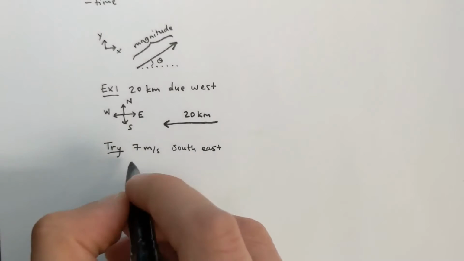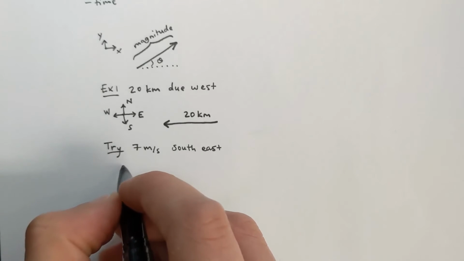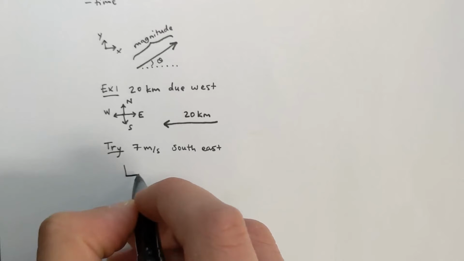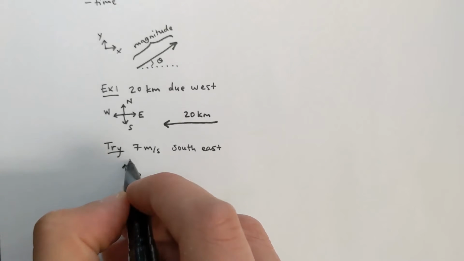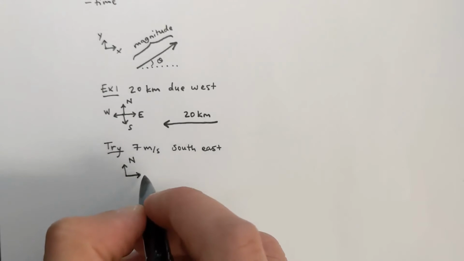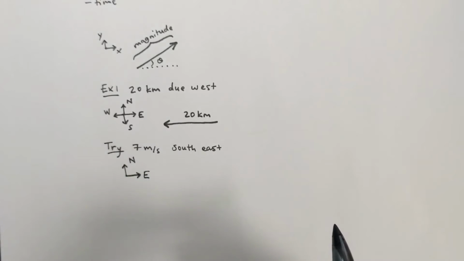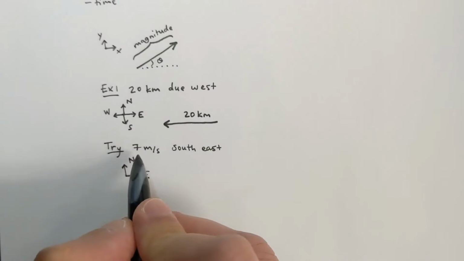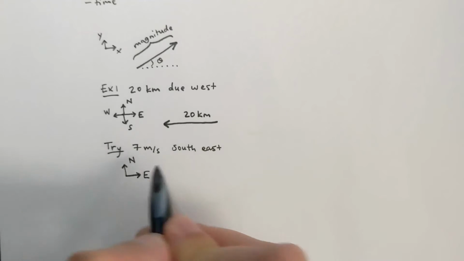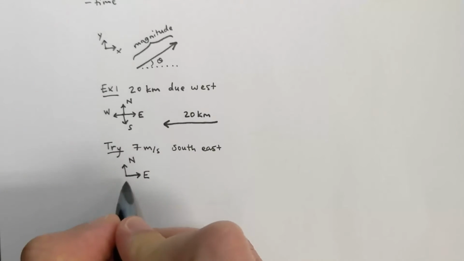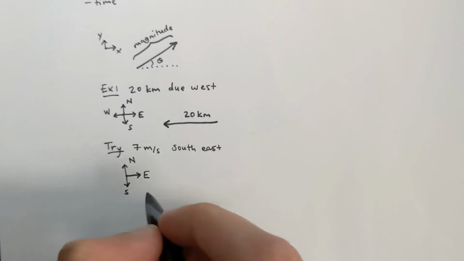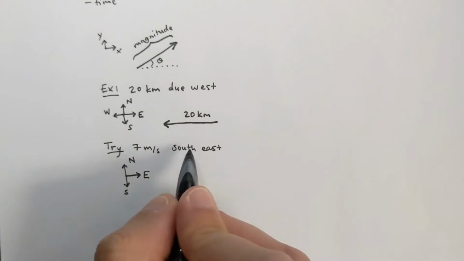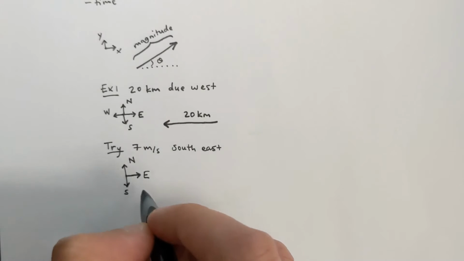Okay, so let's go ahead and draw the coordinates so that we have a frame of reference. Traditionally, let's draw north pointing up on our page, east pointing towards the right, and we're being asked to draw a vector 7 meters per second pointing towards the southeast. So south is down on our paper, opposite of north, and then southeast is going to be exactly in between south and east.